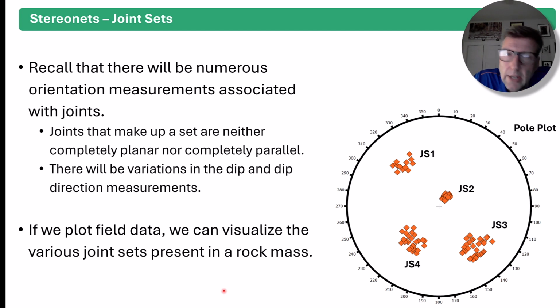The stereo net on the right is a pole plot of the dip and dip direction of joint measurements. And if we look closely, it's clear there are 4 joint sets designated JS1 through JS4. And so if we look at this plot, right, here's joint set 1, and there's the poles to the planes that we measured in the field, joint set 2, joint set 3, and joint set 4.